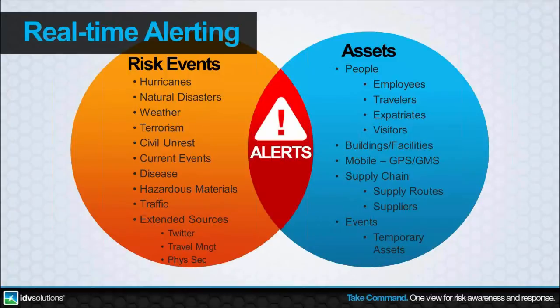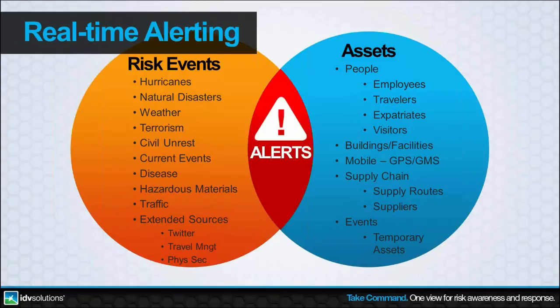Certainly your commercial real estate, so your buildings, your facilities, your locations, whatever might be part of that concrete infrastructure that is fairly fixed and is located on the map, those are things that can be plotted across the globe from a visualization perspective. Even dealing with things that are more mobile, so transient assets. People that might be carrying a GPS or GSM device, vehicles, airplanes, so on and so forth that can be tagged with GPS devices and tracked real time.